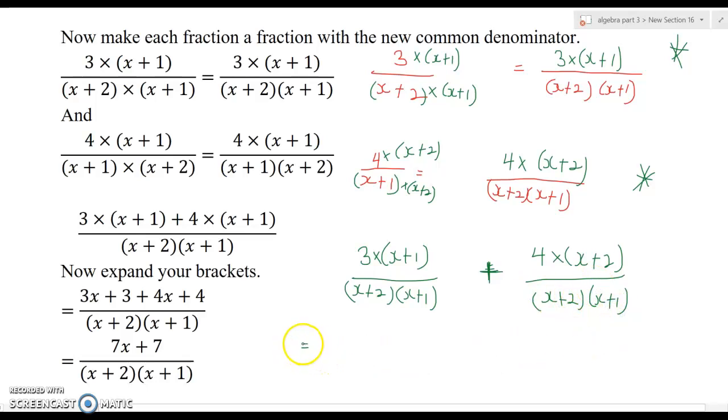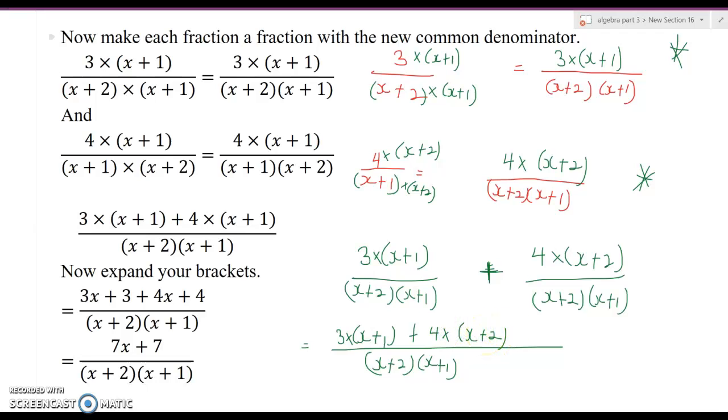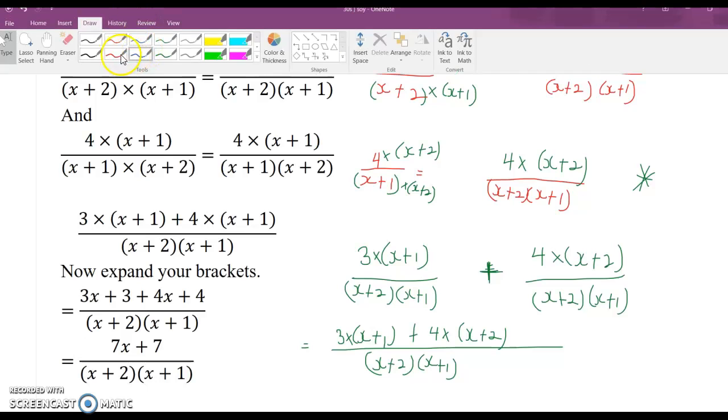And now let's just simplify. Put your new denominator there. I'm going to simplify it up. So now we're going to get 3 times x plus 1 plus 4 times x plus 2. Now we could simplify the top a little further by removing the brackets.